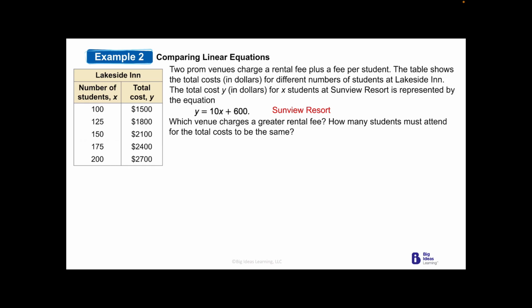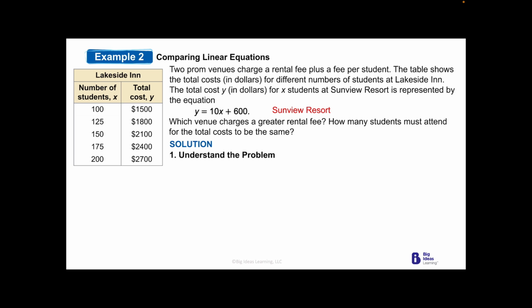So 2 very important things. Lakeside Inn is going to be our chart over to the left, where Sunview Resort is the physical equation. It says which venue charges a greater rental fee and how many students must attend for the cost to be exactly the same. So we need to try to think of how each of the problem comes about.